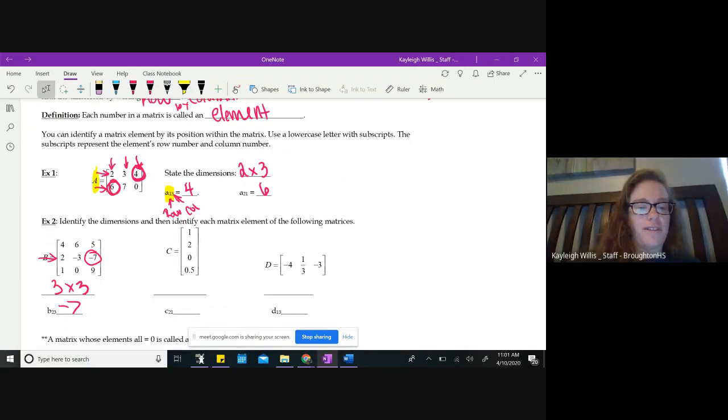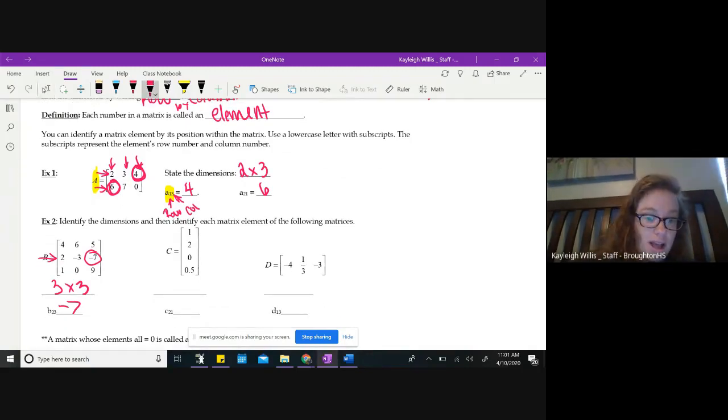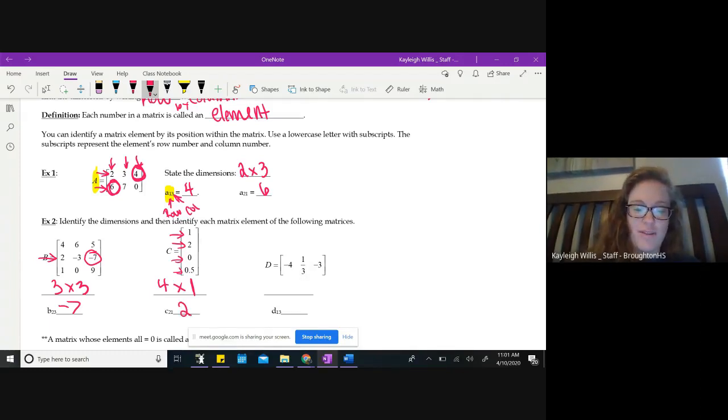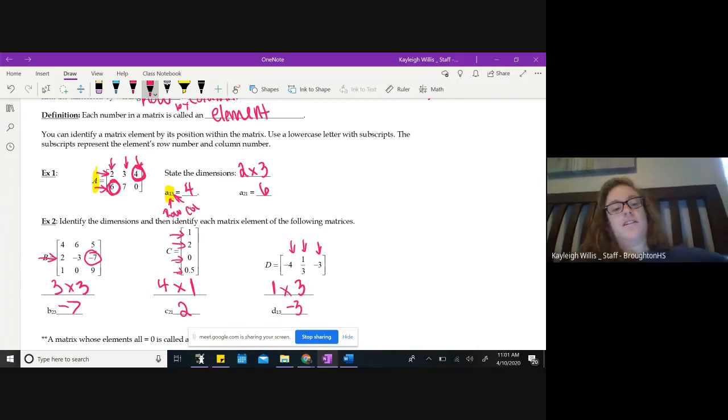For this next one, I have a bunch of rows, 4 of them, and just 1 column, so 4 by 1. They want the second row, first column, so you should have gotten 2. For the last one, we have 1 row and 3 columns. They want the first row because there's only 1 row, and the third column, so -3 is that element.